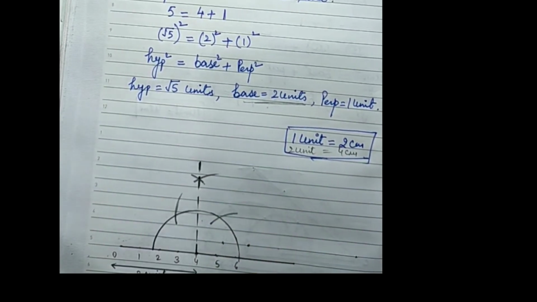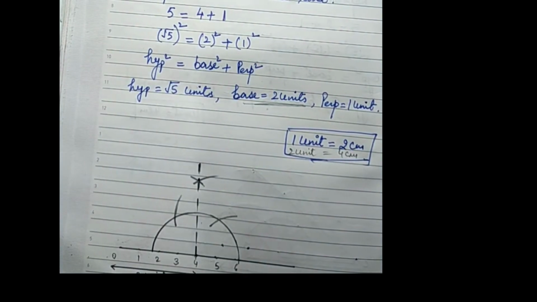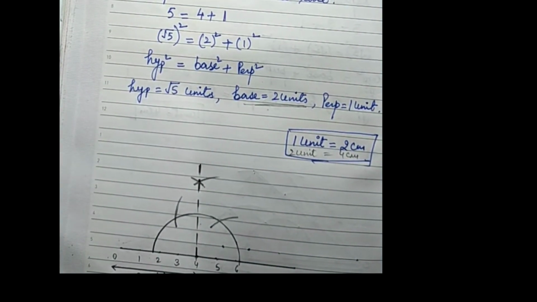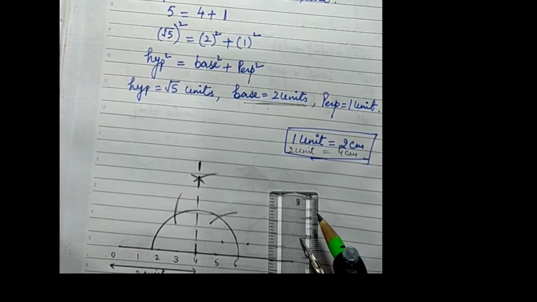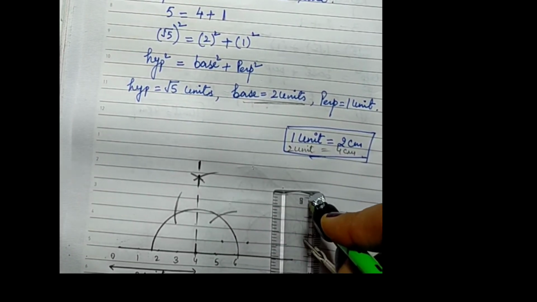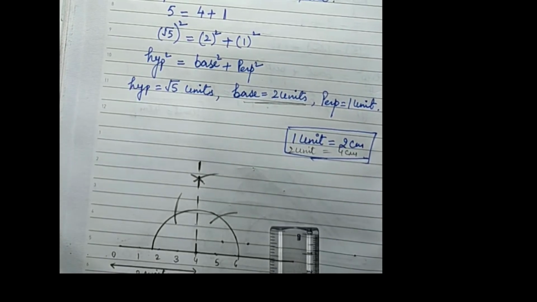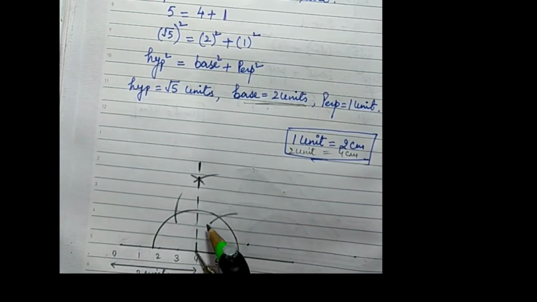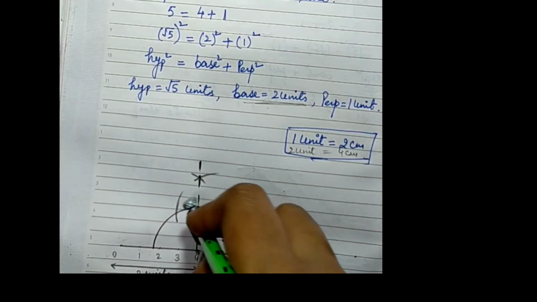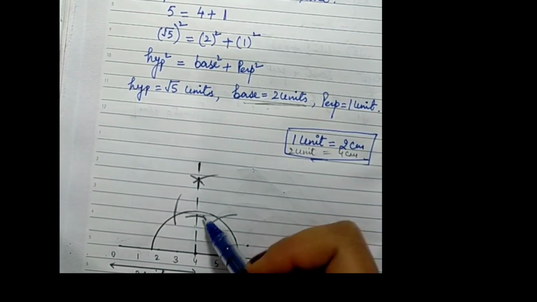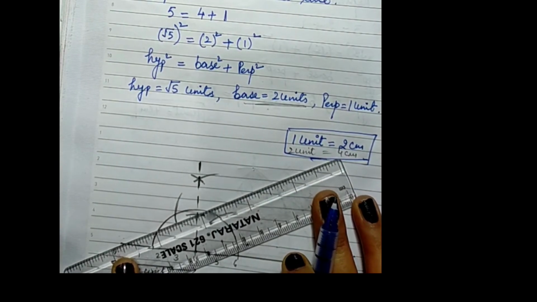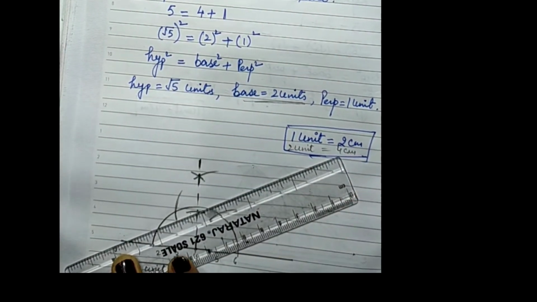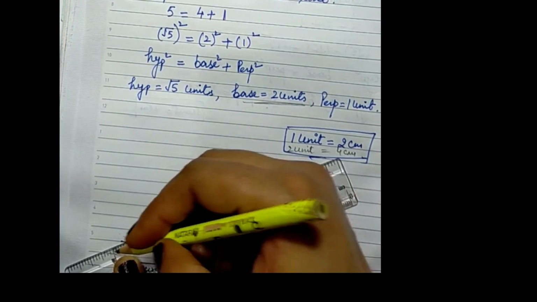So you can see we have drawn the perpendicular. Perpendicular is 1 unit and we have taken 1 unit to be 2 centimeters. So let's measure it. 1 unit, that means 2 centimeter. So this gets an arc over here on the perpendicular. Let's join these 2 points, the initial point to the point where the arc touches the perpendicular.